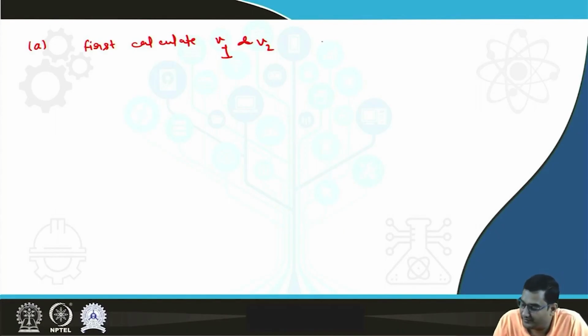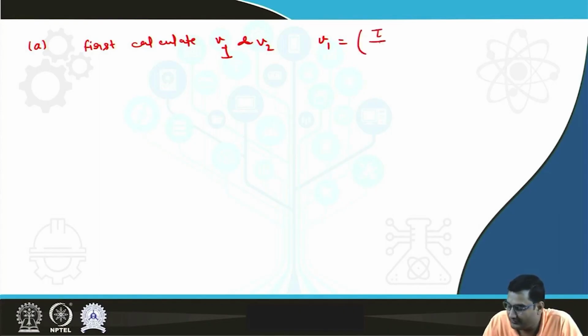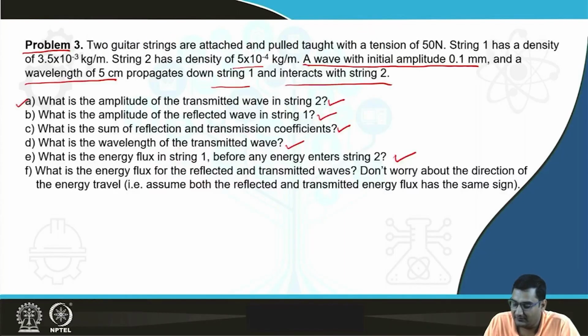So V1 will be equal to, in bracket, tau by rho to the power 1 by 2. This formula we have seen while solving for the 1D wave equation, and the tension is given, that is 50 Newton, and the string density is given, 3.5 into 10 to the power minus 3.